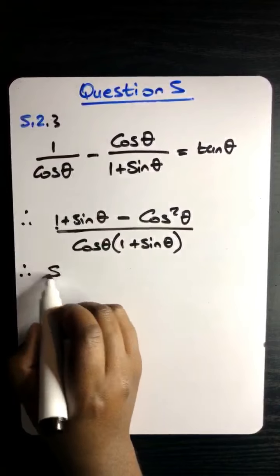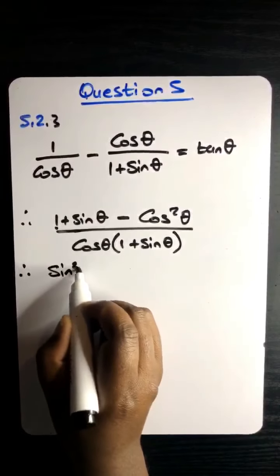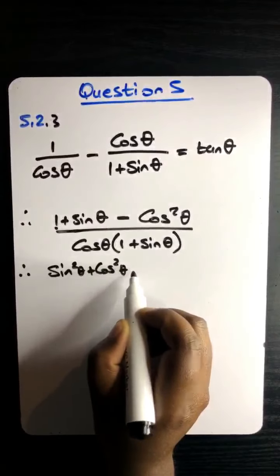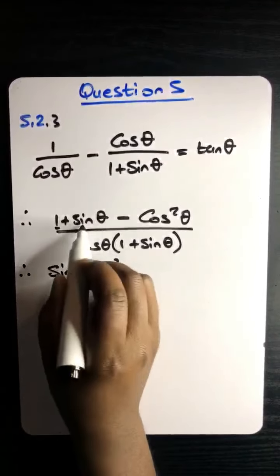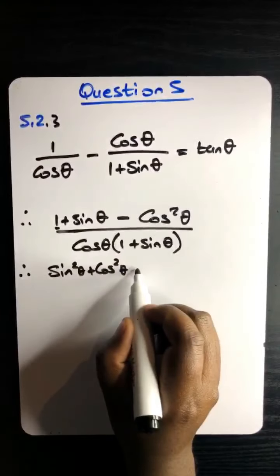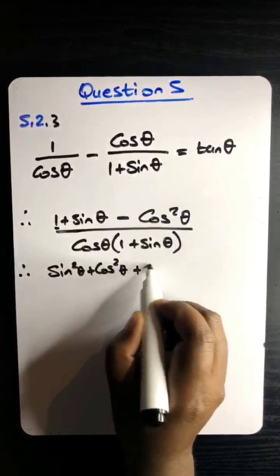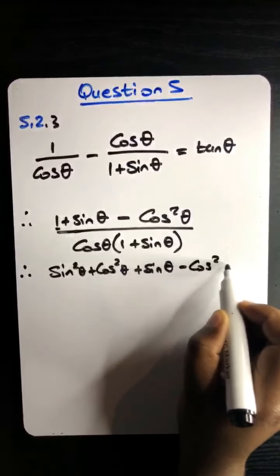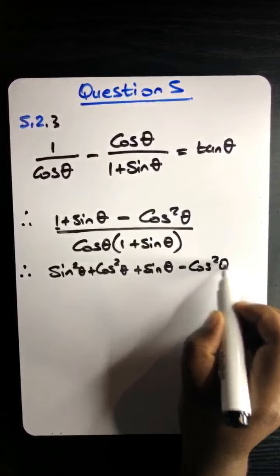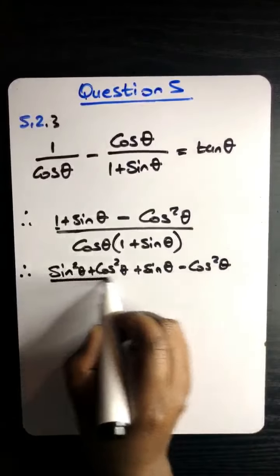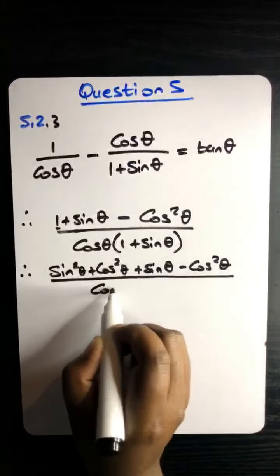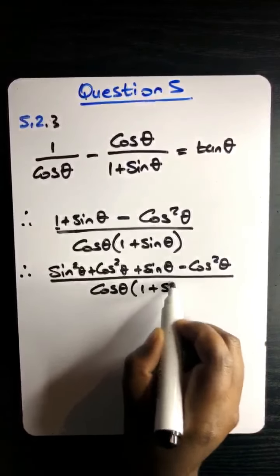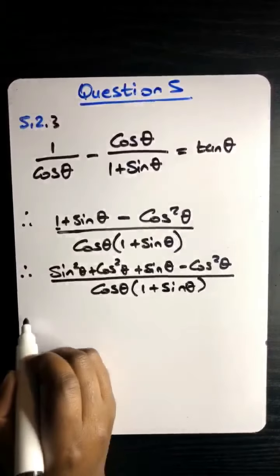So what I'm saying is sine squared angle plus cos squared angle is the same as 1. Remember, you have this and that. So that means you still have plus sine angle minus cos squared angle. Remember, all of this is divided by cos angle into 1 plus sine angle.